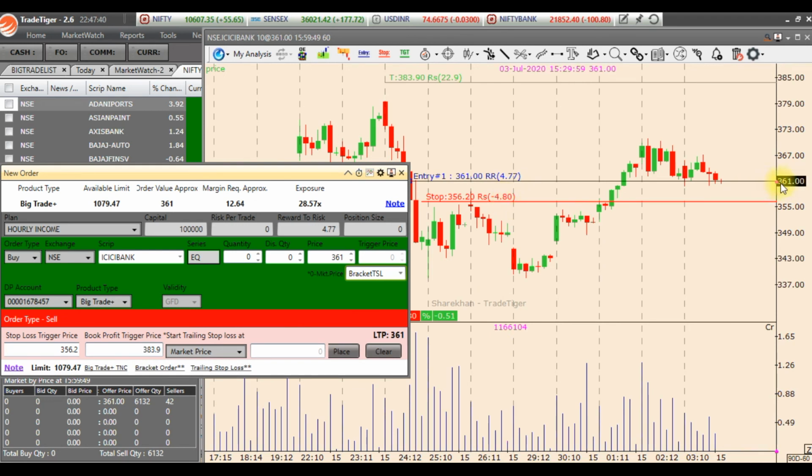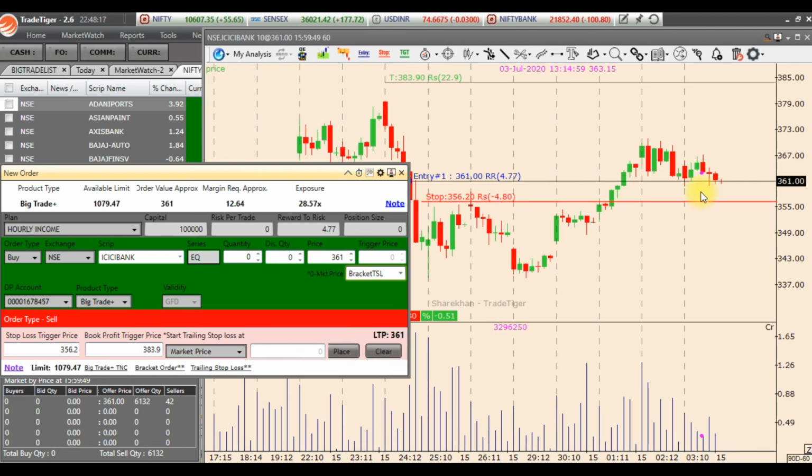The price moves from 361 to 365.8. So the moment the price moves to 365.8, automatically your stop loss will move to break even. If it moves another 4 rupees 80 paisa, the stop loss will go to the next level.